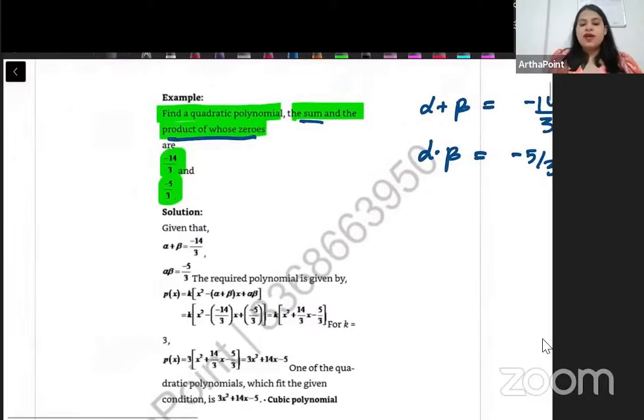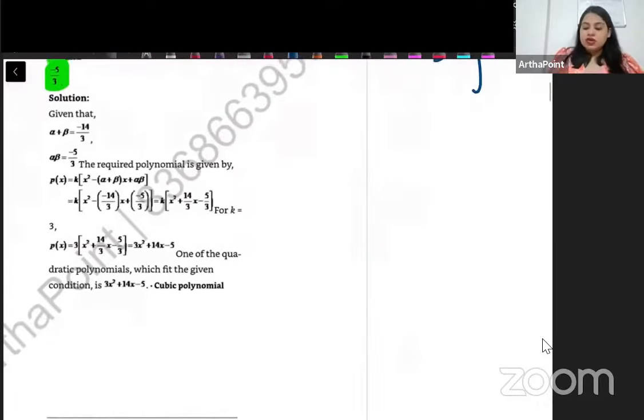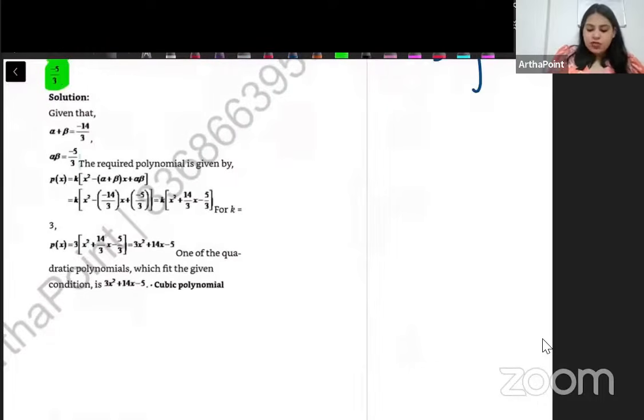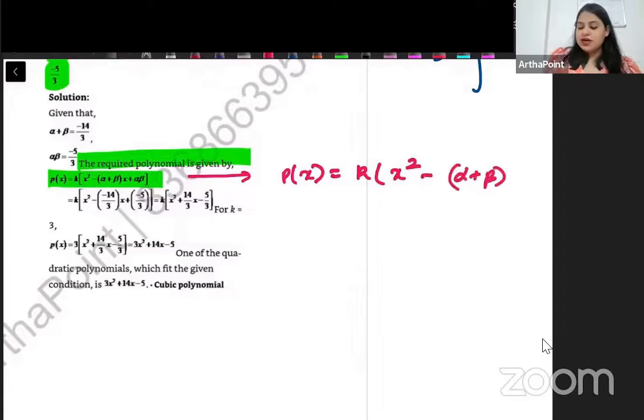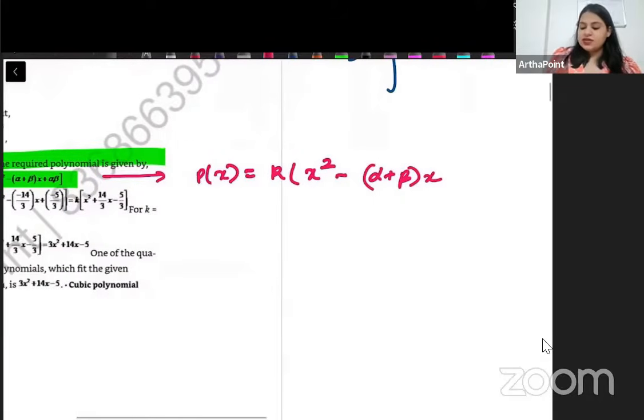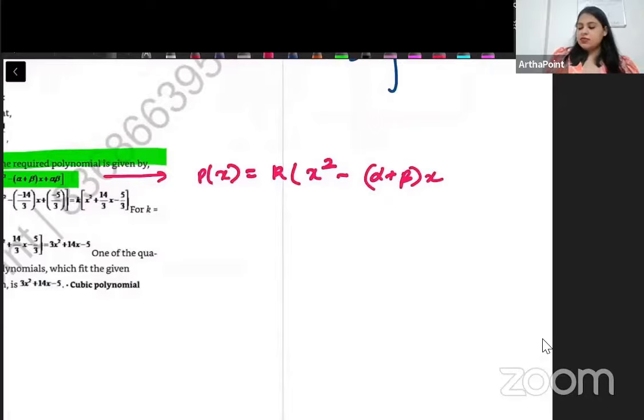So this is how we have done this. The required polynomial is given by this. Any polynomial can be written in the form p(x) is equal to k times x square minus alpha plus beta x plus alpha into beta.